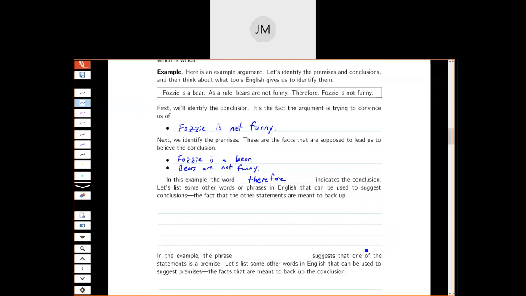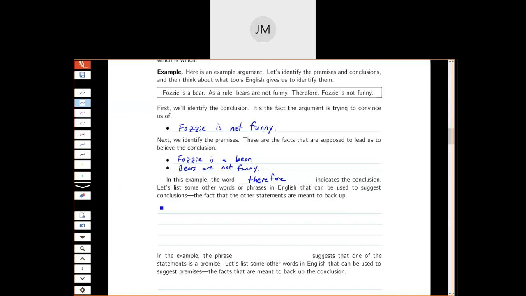Okay, so let's see if you got as a class, maybe you can type it in chat or say it out loud. What are some other words that you know of that would indicate that we have a conclusion, right? You have a series of statements and, okay, as a rule, lastly, well, I want to be careful with as a rule and lastly.